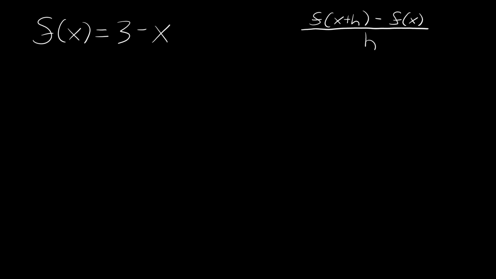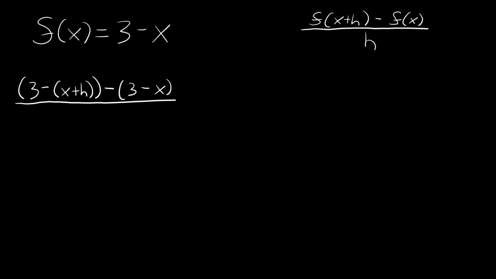For this problem, step 1, we'll plug in x plus h everywhere we see x. So 3 minus x plus h, minus then f of x, which is 3 minus x, all over h.